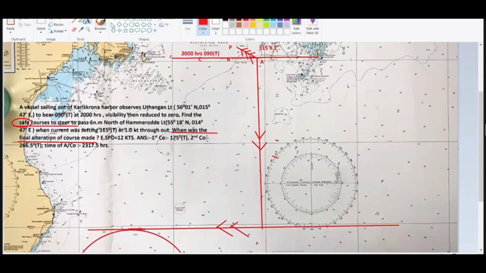But this is very, very dangerous navigation. In our time, when the GPS was not there, we used to do this in deep water, not in coastal areas. In deep water, there is no danger of grounding or wreck, etc. In coastal water, there can be a wreck, less water, shallow patch, because the initial position is not known, and you are steering a particular course.